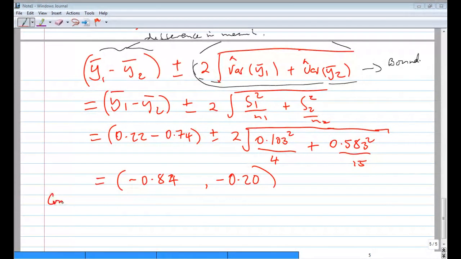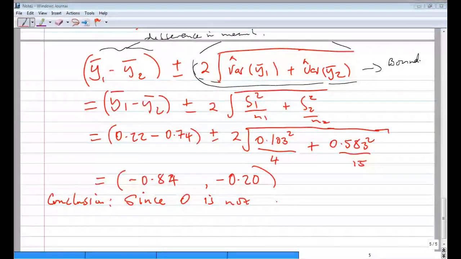In conclusion, since 0 is not included in the interval.